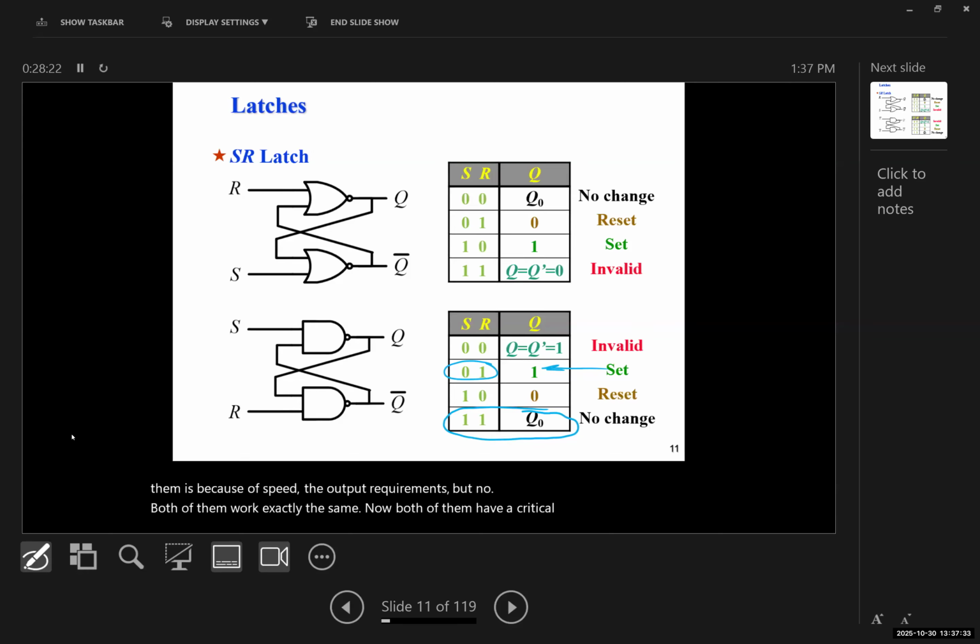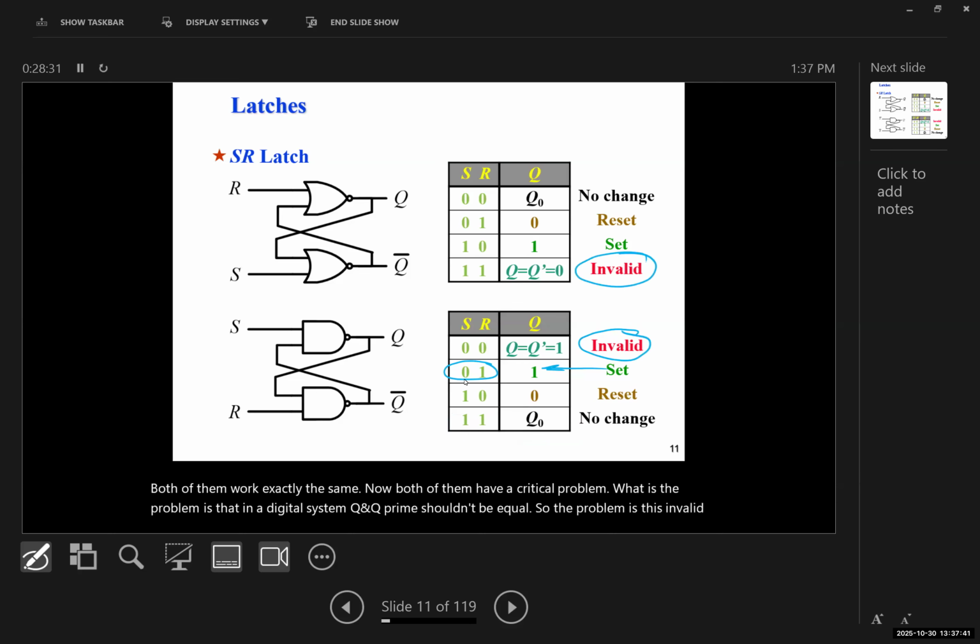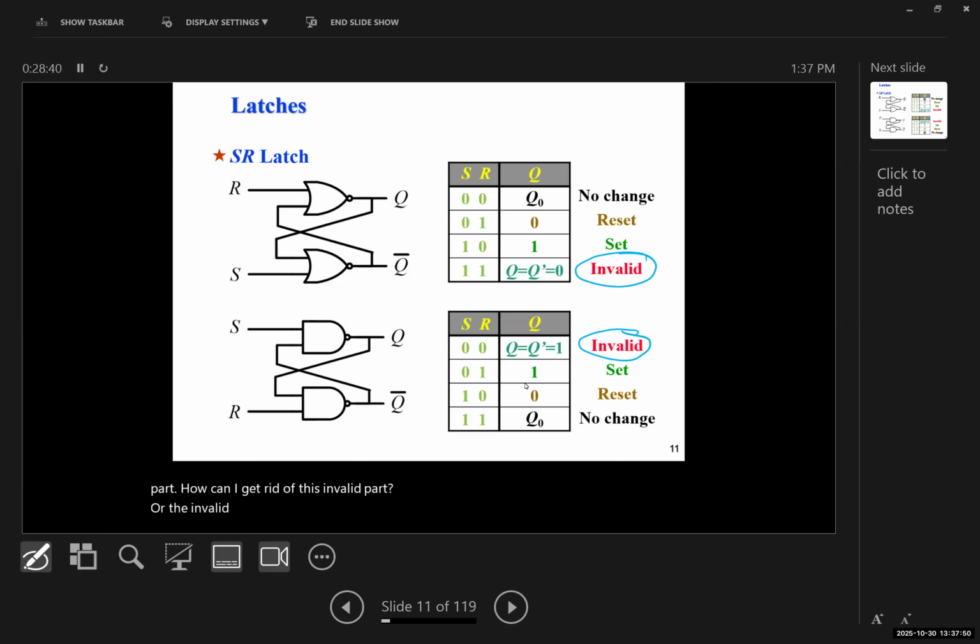What is the problem? In a digital system, Q and Q prime shouldn't be equal. So the problem is this invalid part. How can I get rid of this invalid condition?